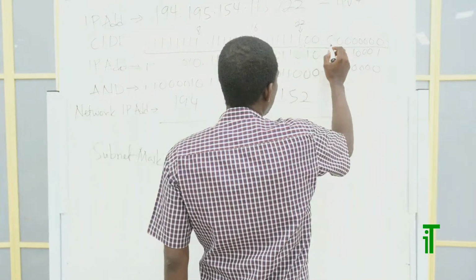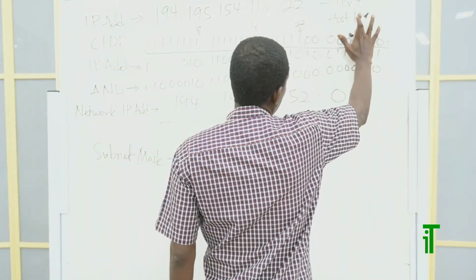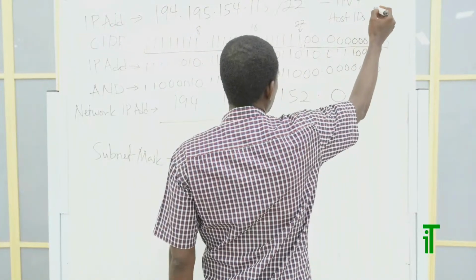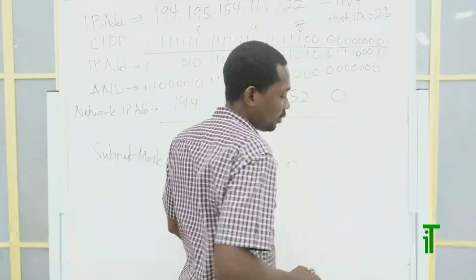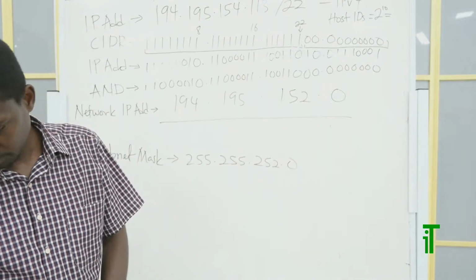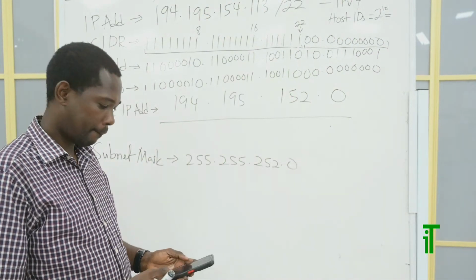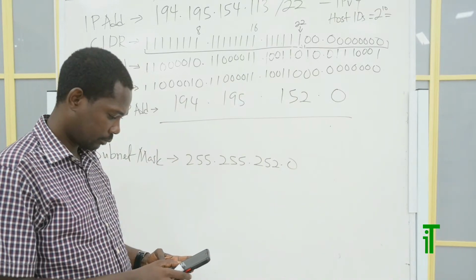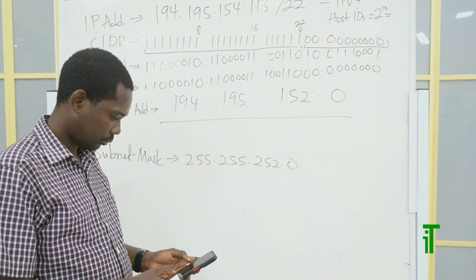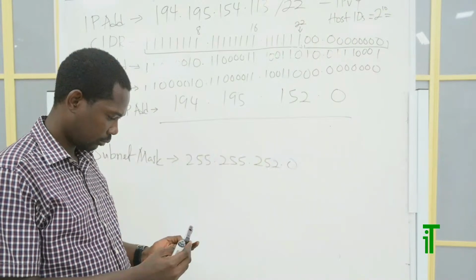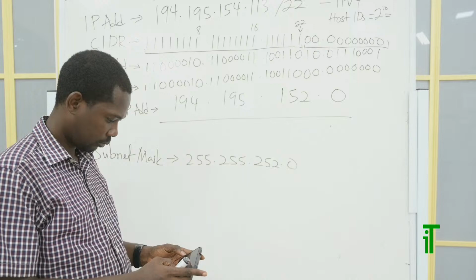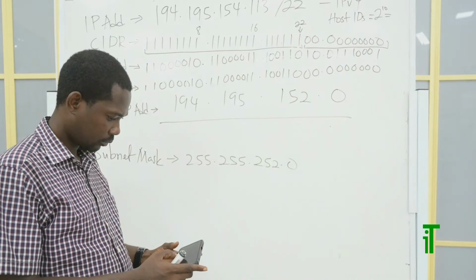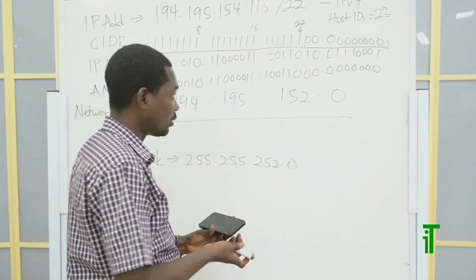Okay, 1, 2, 3, 4. Host IDs, or the IP addresses, will be 2 exponent 10, and that gives us 1024.